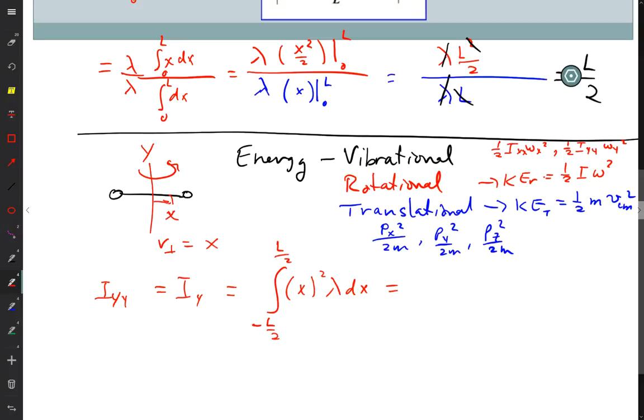So getting those limits is an important piece of the problem. So now let's do the calculation, and we will have the integral of x squared dx is x cubed over 3. Put in those limits, and what do I get?